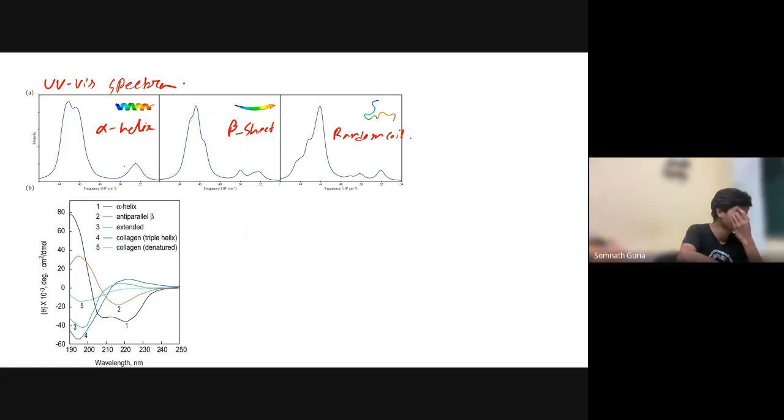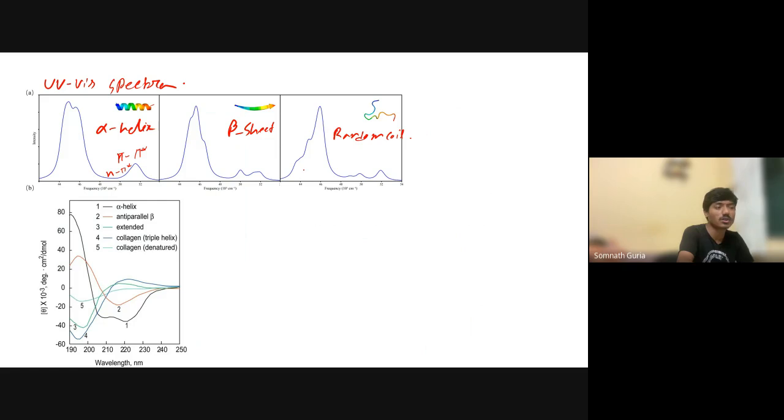This is the higher energy region, which is because of the pi to pi star transition, and another is the n to pi star transition. It's similar for the beta sheet and the random coil, but there are some changes in the UV spectra.